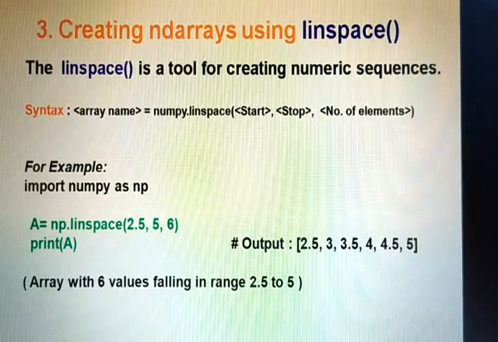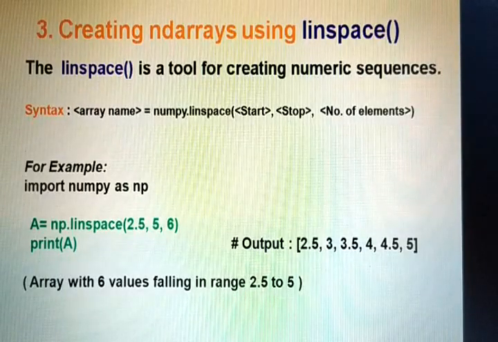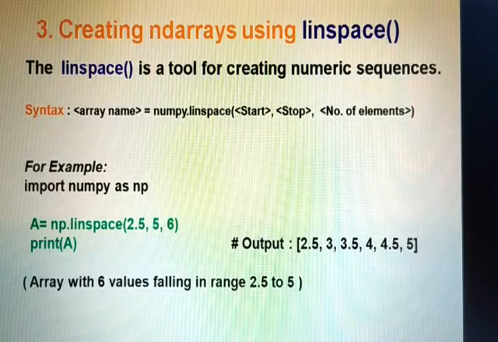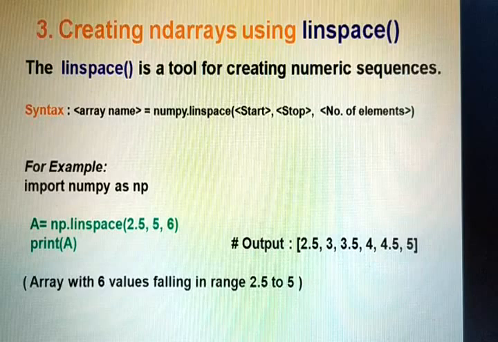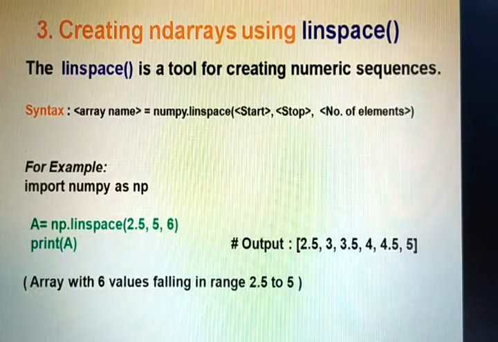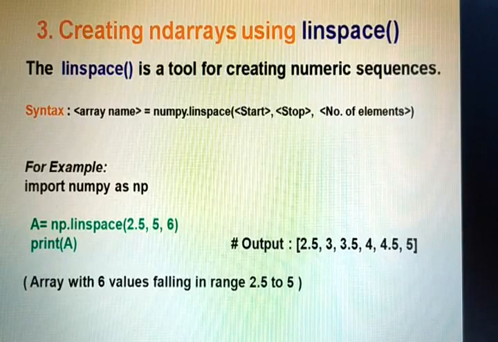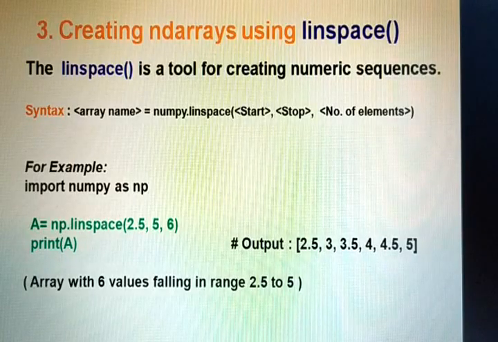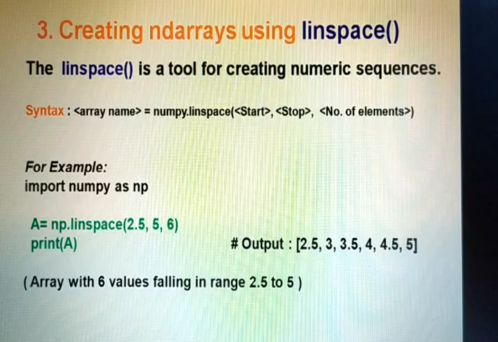Now, creating a NumPy array using the linspace function. Actually, the linspace function is a tool for creating numeric sequences. That means this function takes a start value, an end value, and the number of elements to be created as arguments and creates a one-dimensional array.